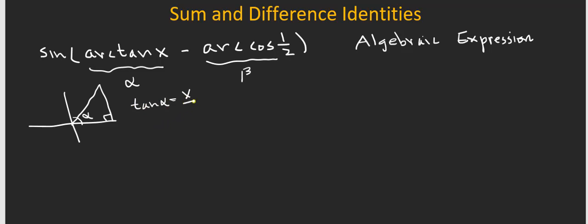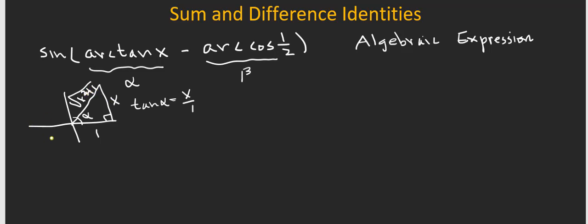You could write it as x over 1. And you know that tangent is y over x, so this is y, and that's going to be your x. Okay, so tangent of alpha is x over 1, so that will be x, and this is 1. Now, what is your r? Using the Pythagorean theorem, you're going to get radical x squared plus 1.